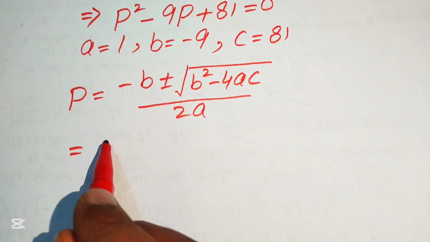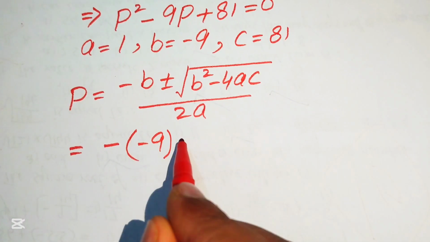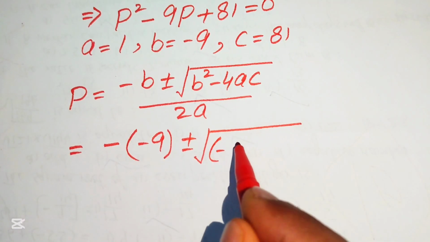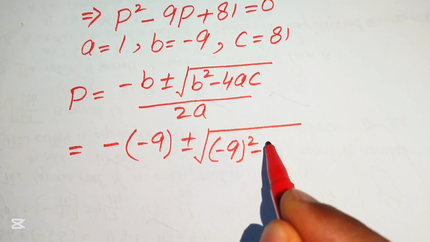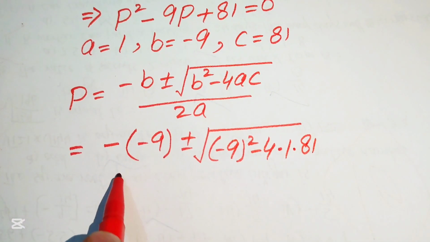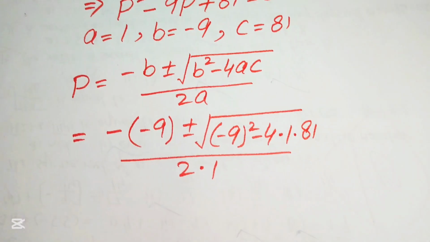It will be written as minus b, and the value of b is minus 9, plus minus square root of b square. So b is minus 9 square minus 4 times a is 1 and c is 81, divided by 2 times a. So here our a is equal to 1.